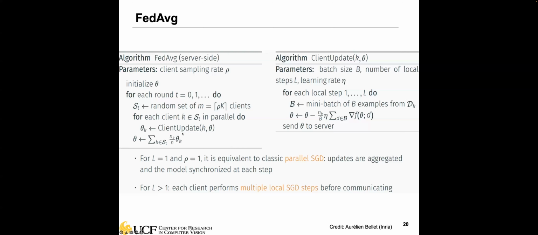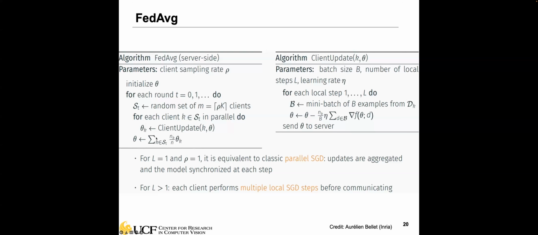And for each client k, in parallel, each client will do their local update based on their local data. Here is the local update, which generates the model parameters theta_k. Once theta_k is generated from each client, they will send it to the server, and the server will do the aggregation.